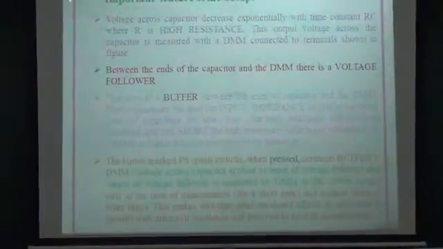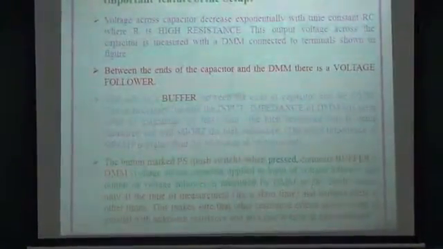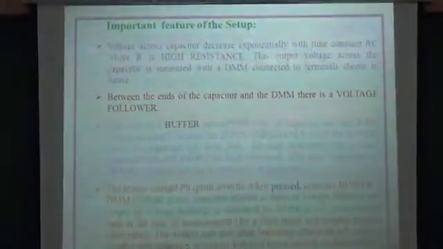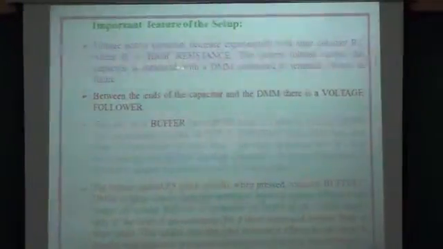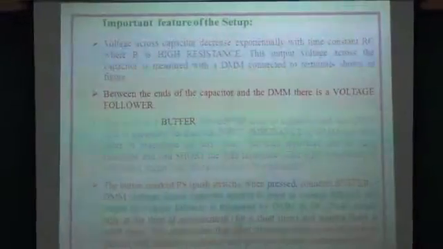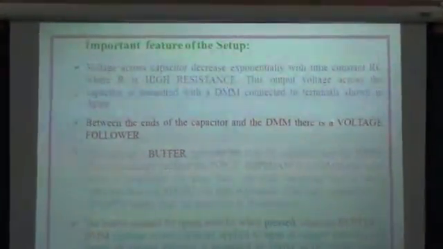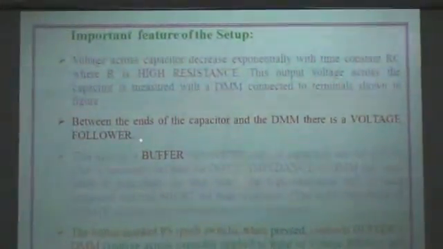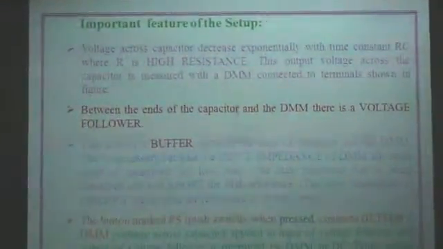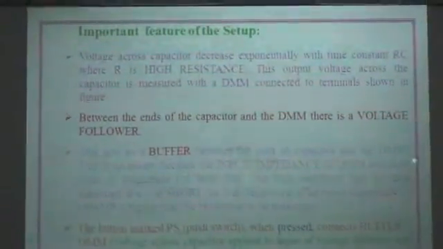Okay, so the voltage across the capacitor decreases exponentially with time constant RC, where R is the high resistance. This output voltage across the capacitor is measured with the DMM connected to the terminals. I have already told you. Between the ends of the capacitor and the DMM, there is a voltage follower circuit. Voltage follower and buffer are the same thing. This acts as a buffer between the ends of the capacitor and the DMM.